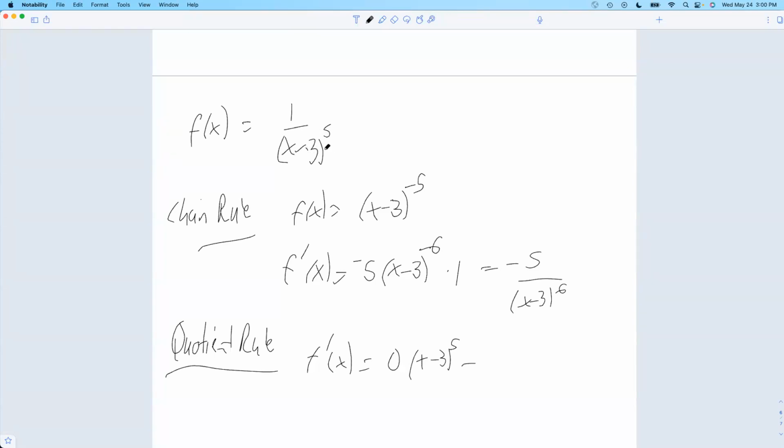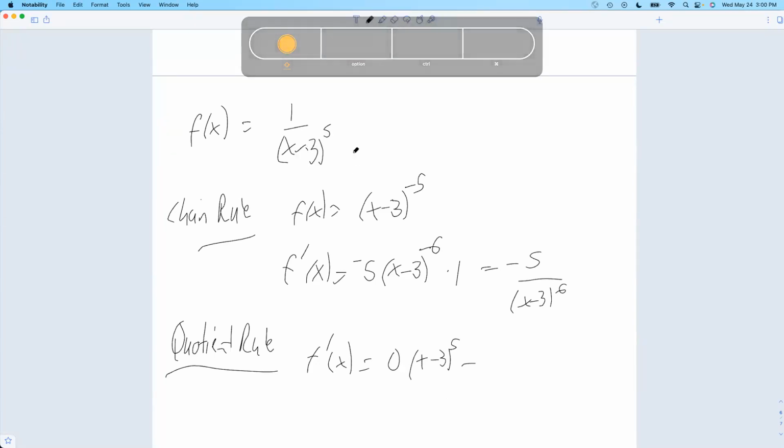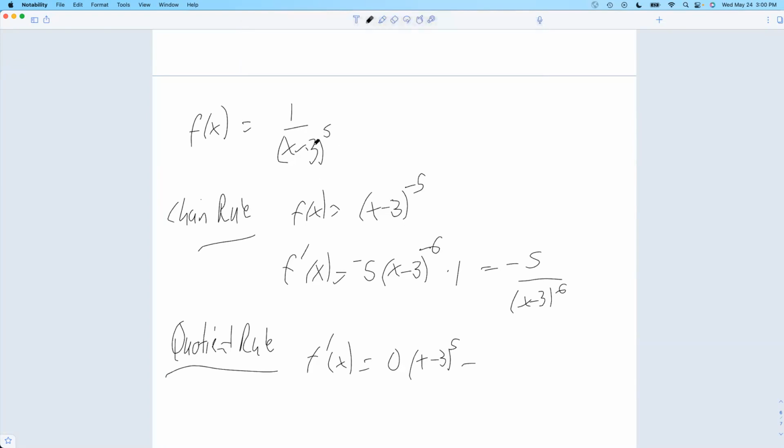So now I got to use chain rule no matter what. The derivative of x minus 3 to the fifth would be 5 times x minus 3 to the fourth times the derivative of the inside, which is just 1, all over the bottom squared.